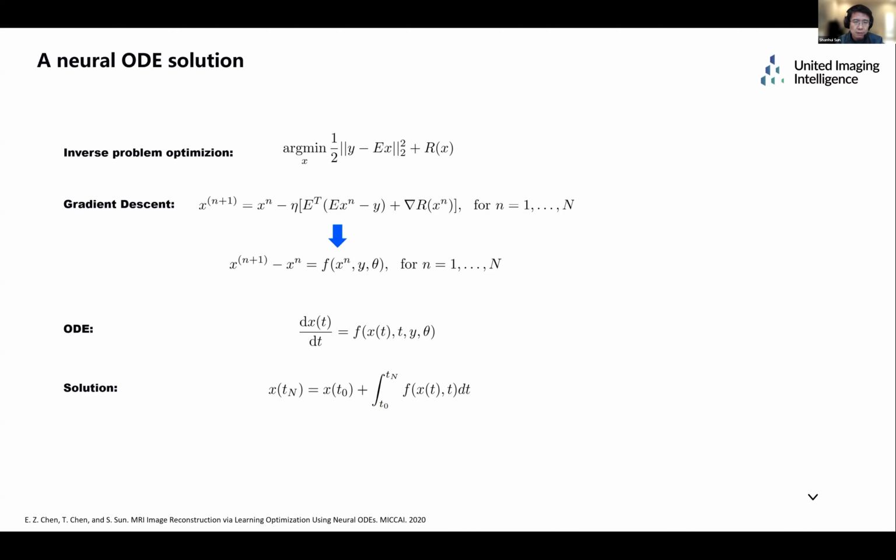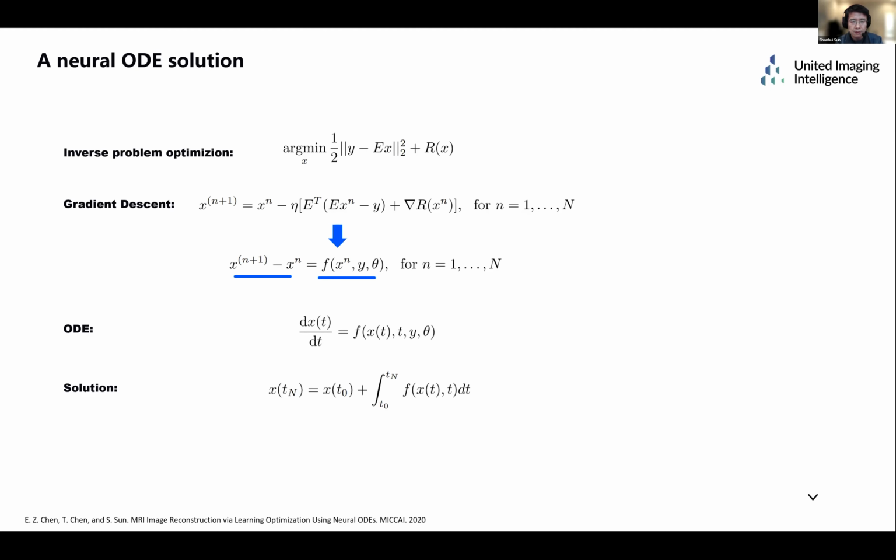If we reformulate the gradient descent into the following formula, the left side represents the image difference between the reconstructed images in two adjacent reconstruction updates. And on the right side, this is a function, and we could use a neural network to represent it. I already explained we use a recurrent neural network to represent this update rule.